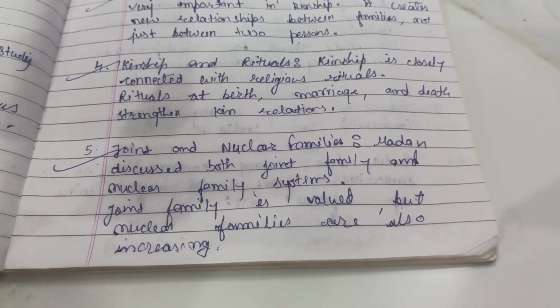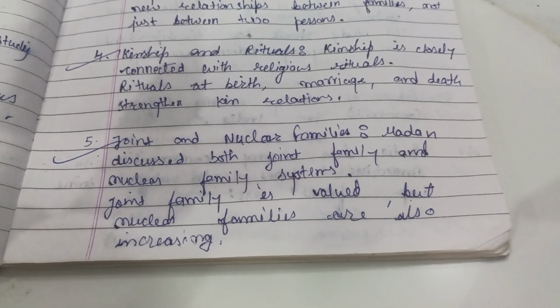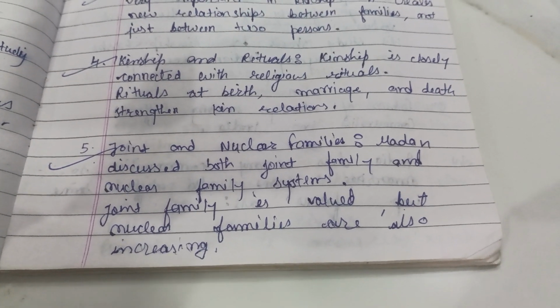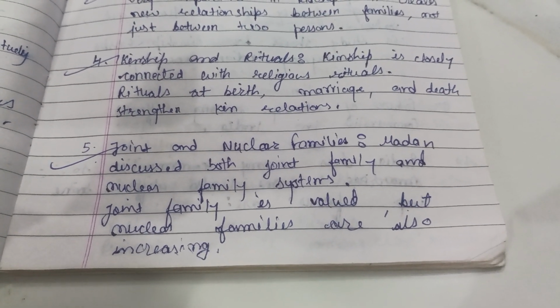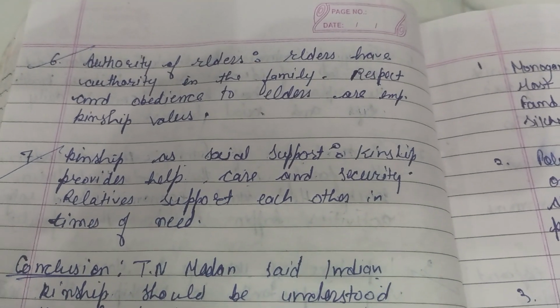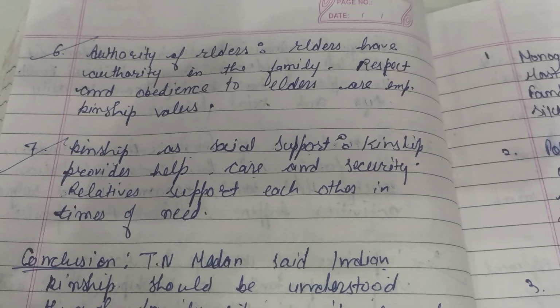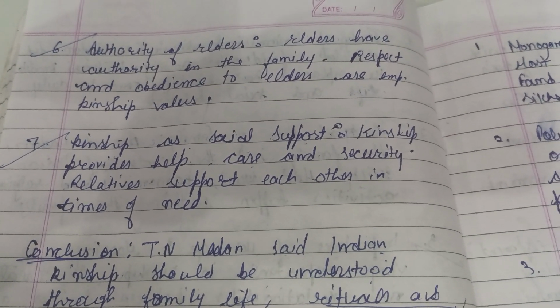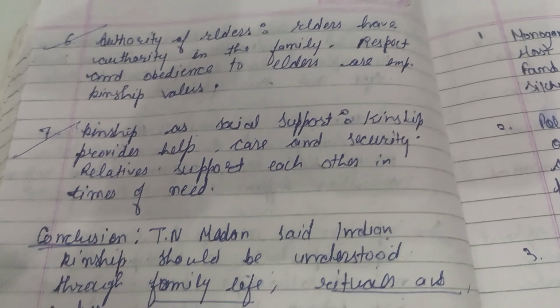Joint and nuclear families: Madan discussed both joint family and nuclear family systems. Joint family is valued, but nuclear families are also increasing. Authority of elders: elders have authority in the family. Respect and obedience to elders are important kinship values.